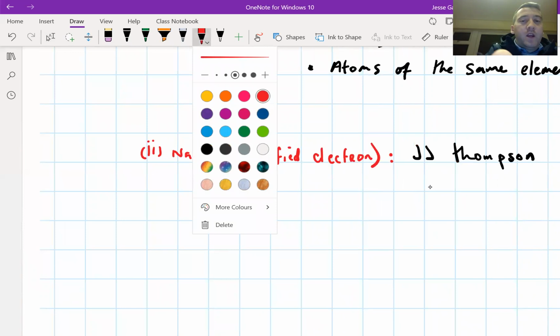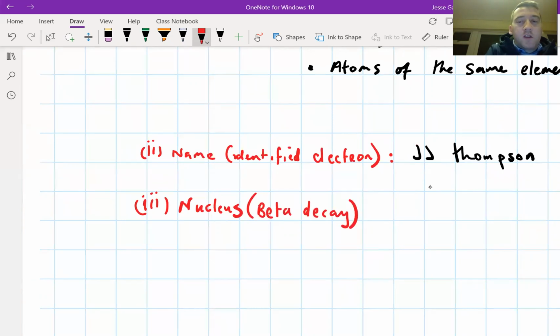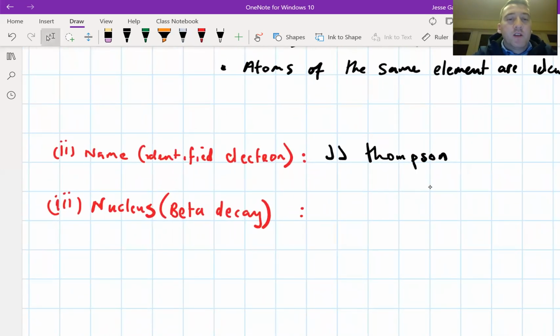Okay, so what is part 3 asking us to do? So again, you see I'm keeping it organized. Part 3 is talking about the nucleus, and it's talking about the nucleus for beta decay. So what happens during beta decay to the nucleus? So pause the video and describe what happens to the nucleus during beta decay. All right, so you should only be playing if you've written down what happens to the nucleus during beta decay.